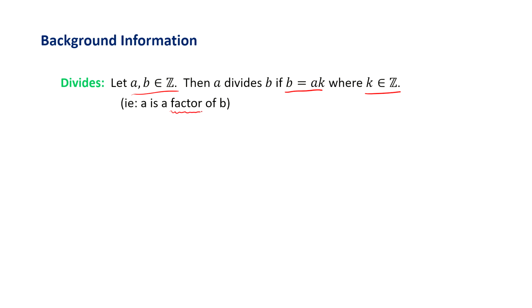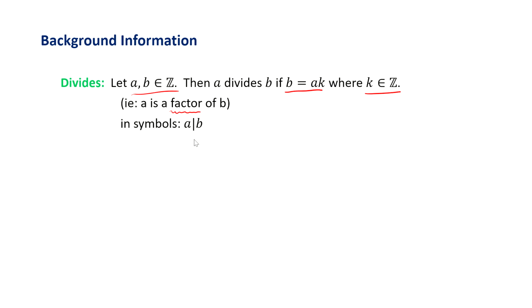This means that your A is a factor of B. So if A divides B, that means A is a factor of B. Mathematically speaking, this is the same as saying A divides into B evenly. Now, in terms of symbols, this is that vertical line that you guys have seen prior to now. You've got A divides B, or A is a factor of B. And this vertical symbol right here, please note, is not a mathematical symbol like multiplication.